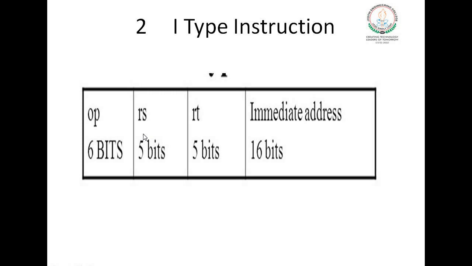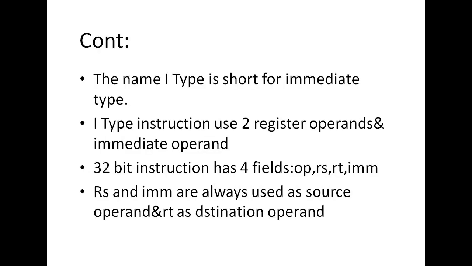Source register is allotted with 5 bits. Third field is RT. RT is the destination register. Destination register allotted with 5 bits. Last field is immediate address. Immediate address is represented as 16 bits.